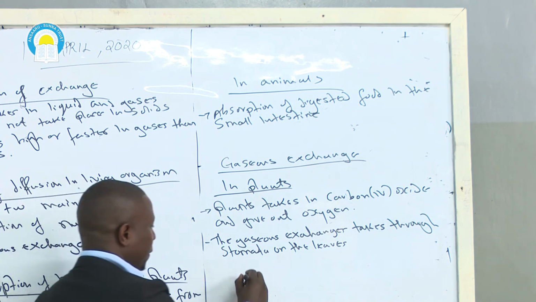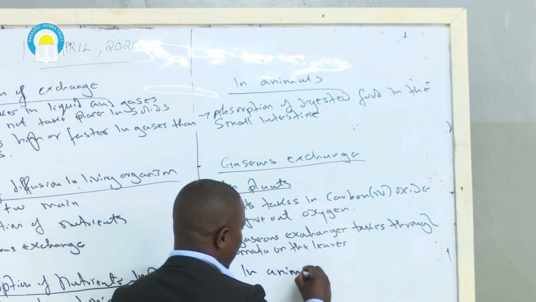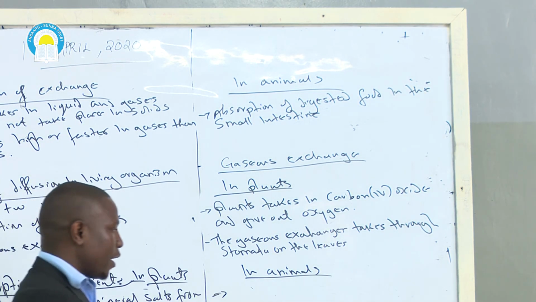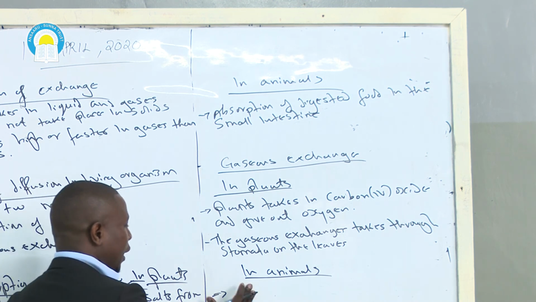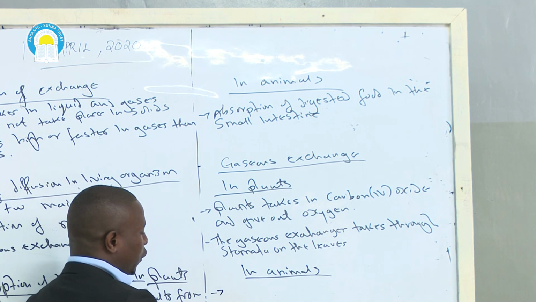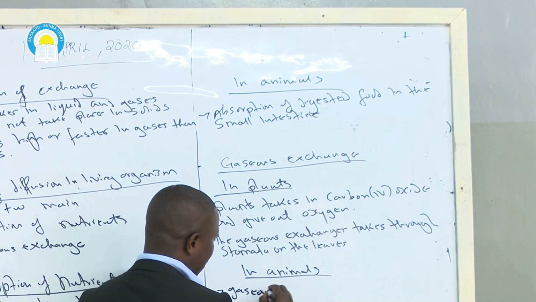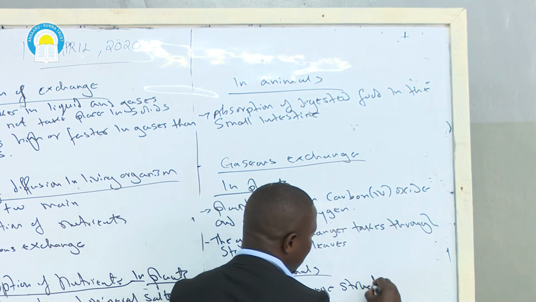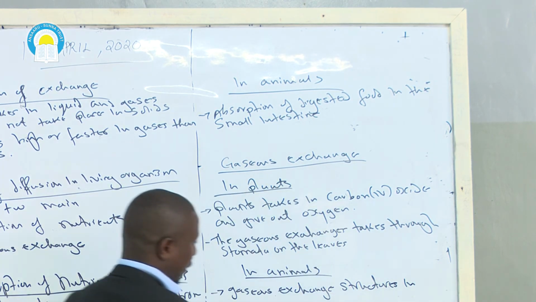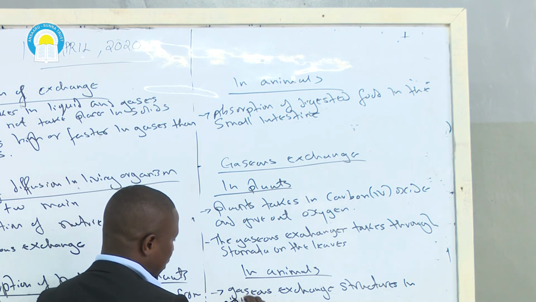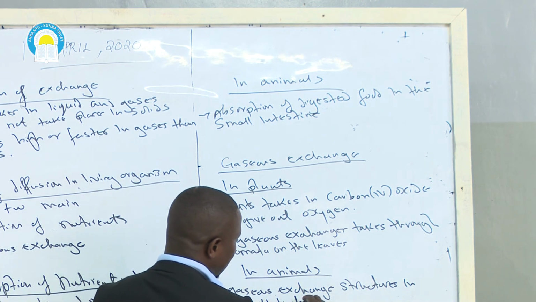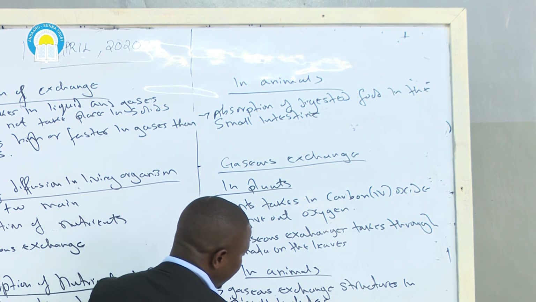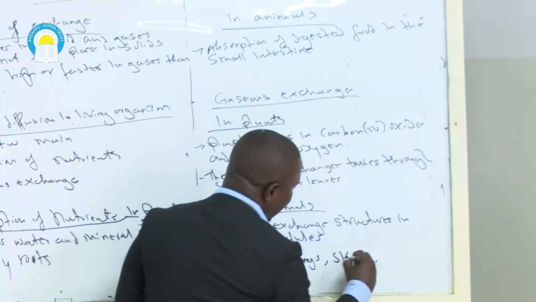But in animals, you're being told we have respiratory surfaces, the gaseous exchange organs in humans or in animals. So gaseous exchange structures in animals include tracheae, lungs, and skin.